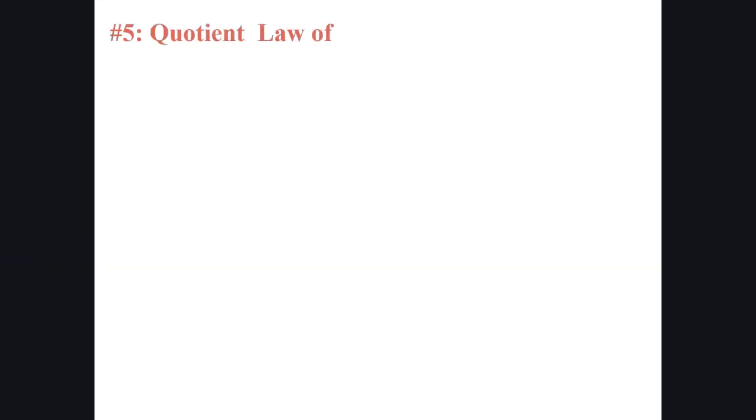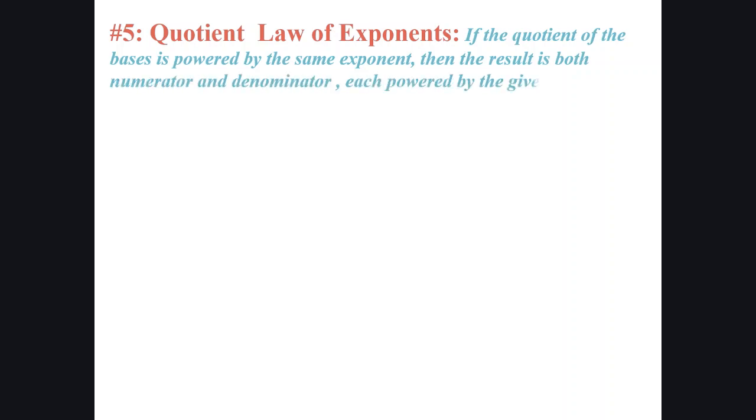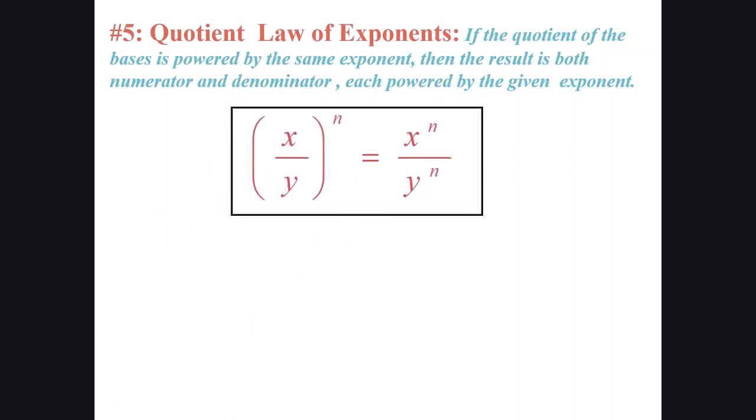Our next exponent rule is the quotient law. If the quotient of the bases is powered by the same exponent, then the result is both the numerator and the denominator, each powered by the given exponent. That is a lot of words, right? So let's look at the example. If I have a division inside the parentheses, x over y, and they all go to the n, I distribute that exponent to every part of that division.